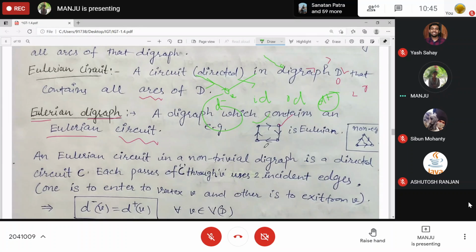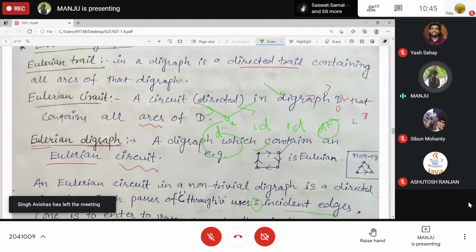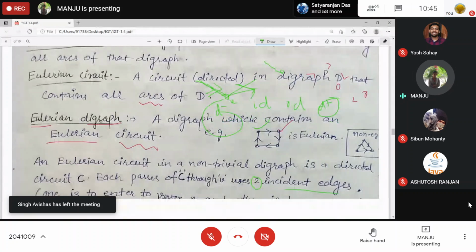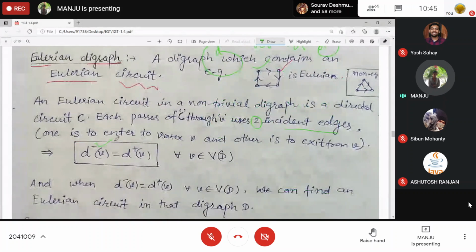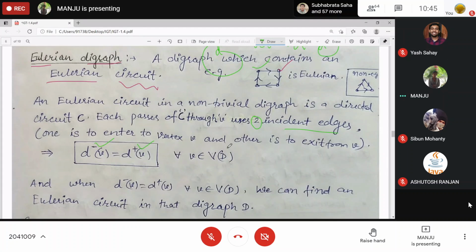Clear? One has to enter the vertex, another is to exit. It is using the two incident edges, right? Incident edges means it is coming towards the vertex and going out. So every time it is entering as well as exiting, that's why in degree is equal to out degree. Clear?